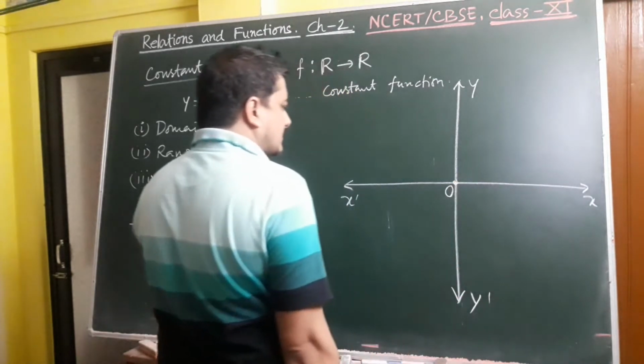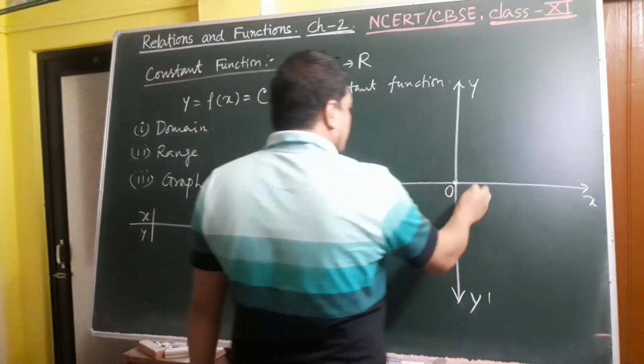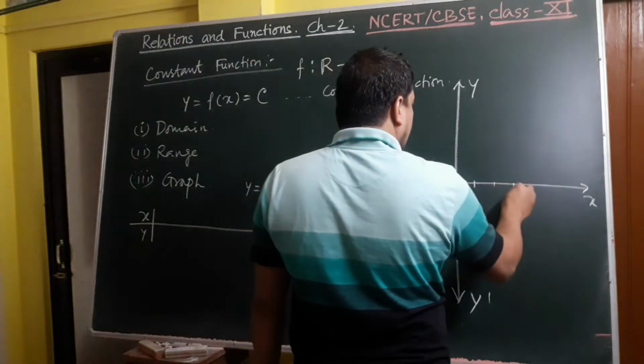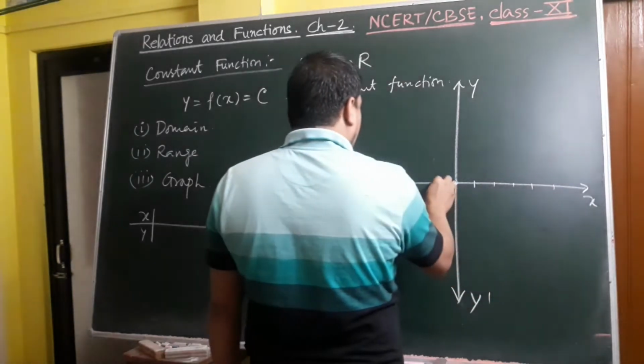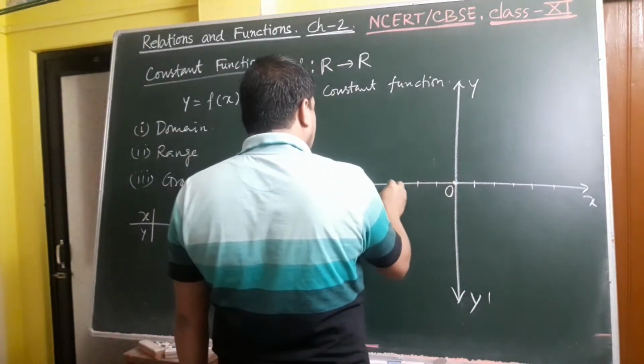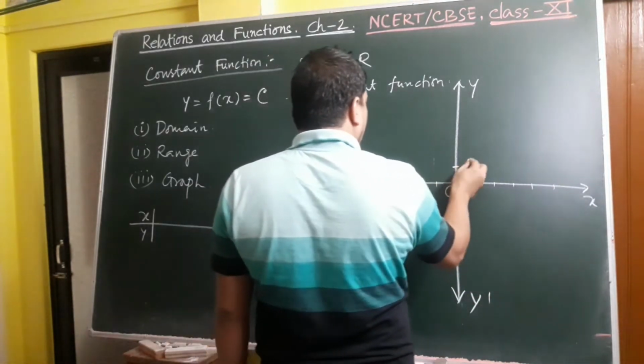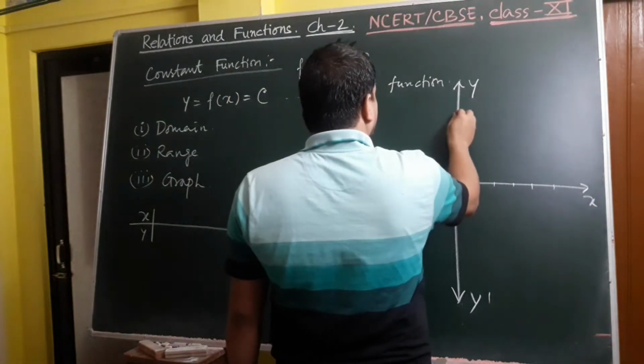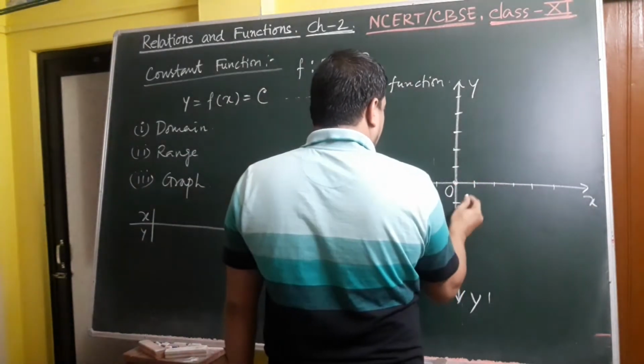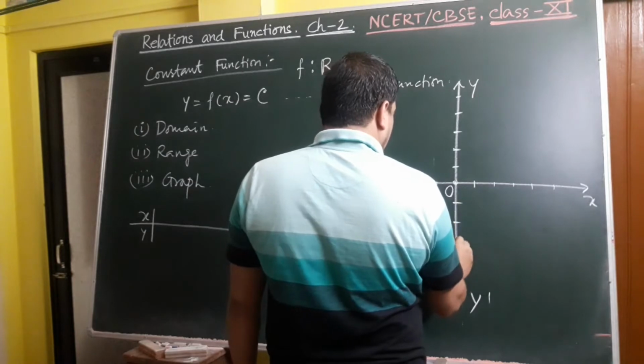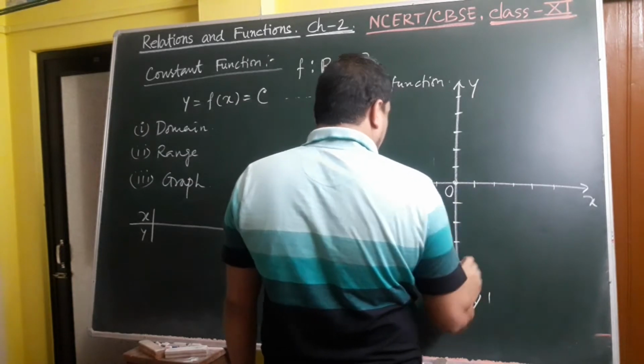Now 1, 2, 3, 4, 5, minus 1, minus 2, and on the other axis 1, 2, 3, 4, 5, minus 1, minus 2, minus 3, minus 4, minus 5.